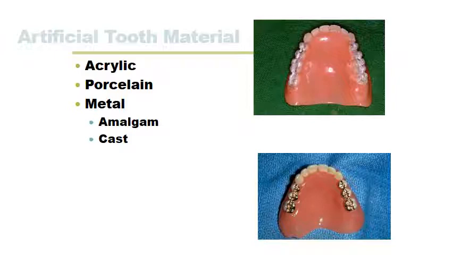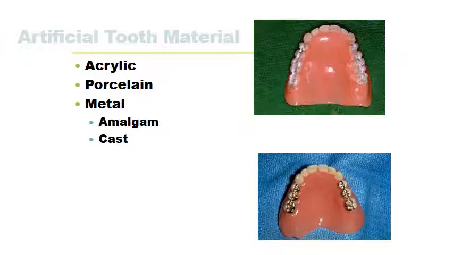So when we have natural dentition and we use porcelain teeth, this leads to attrition of the natural dentition because porcelain teeth are hard. The solution in this case is selection of acrylic teeth. But acrylic teeth with natural dentition will, with time, also be worn. There will be attrition in the occlusal surface of the acrylic teeth.